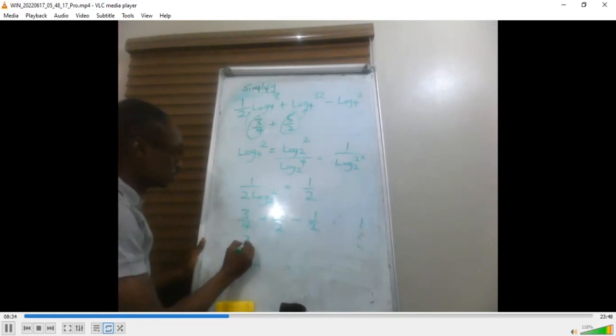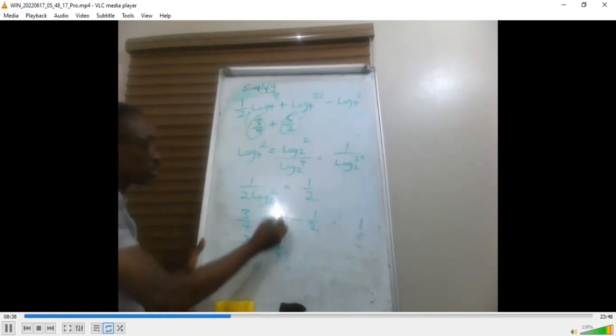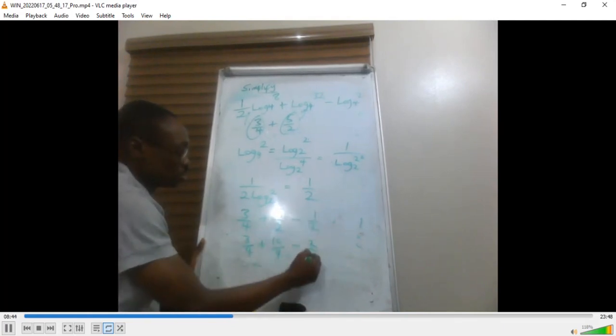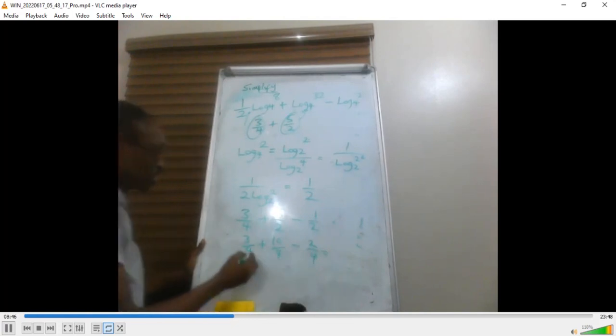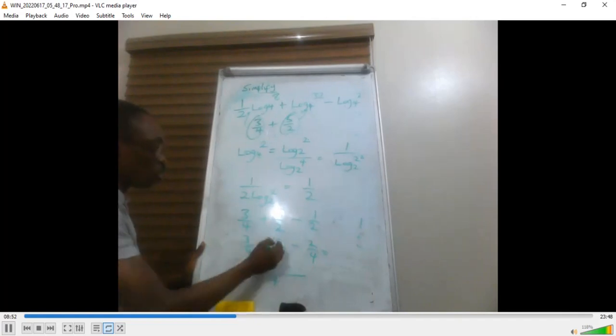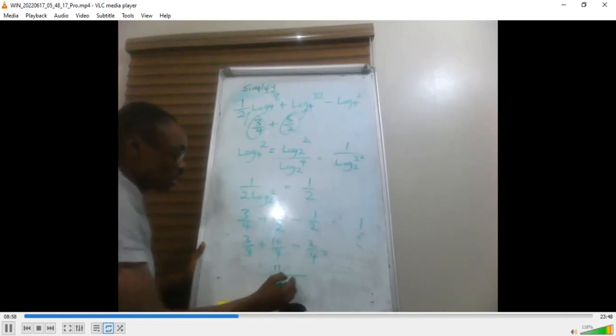This is the same thing as 3 over 4 plus 10 over 4. You multiply this by 2, multiply this by 2, multiply this by 2, multiplied by 2. So at the end of the day, you have 3 plus 10 is 13. 13 minus 2 is 11. 11 over 4.